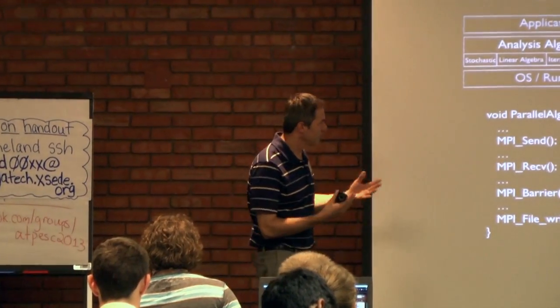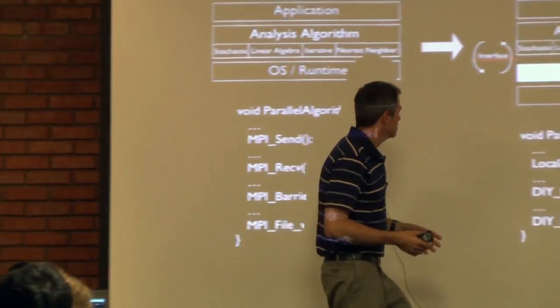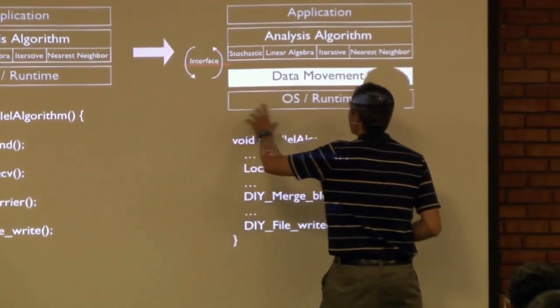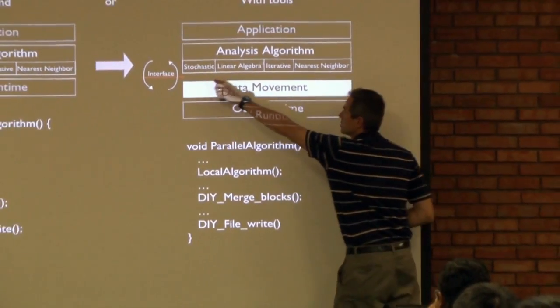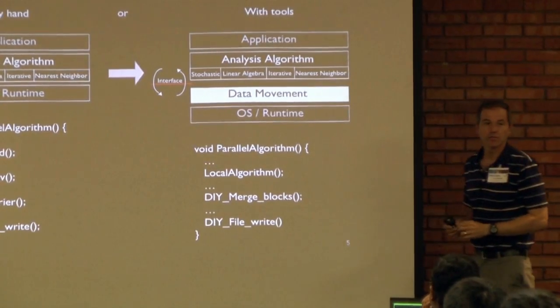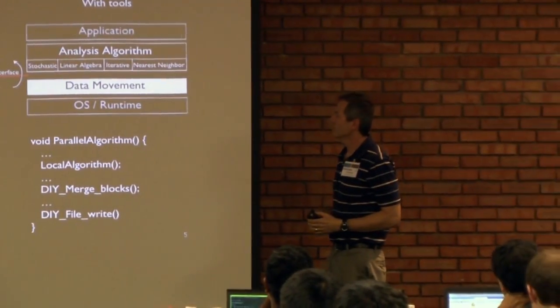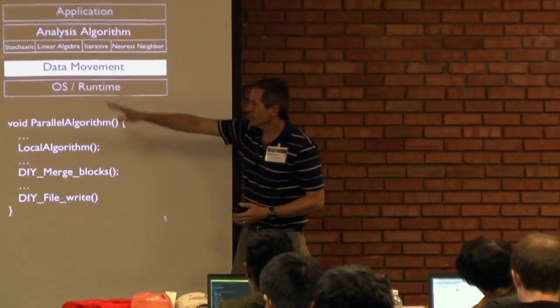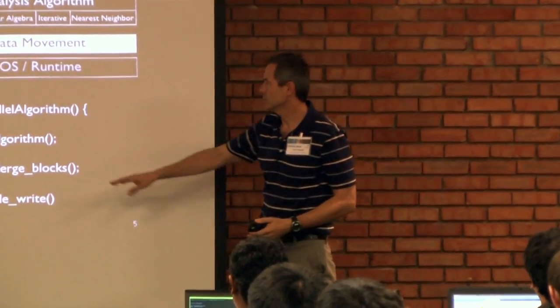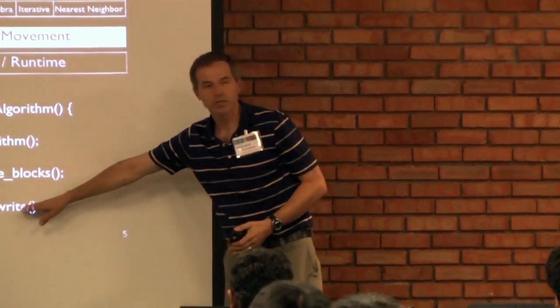So wouldn't it be better to take that and include it in a middle layer, a data movement library, encapsulating large amounts of MPI code into individual functions, and make them configurable in their arguments so that I could tune them for different machines and different problems, and eventually reuse them?